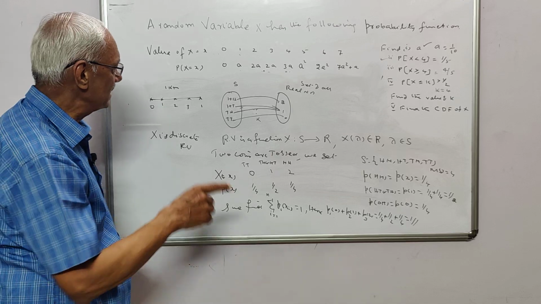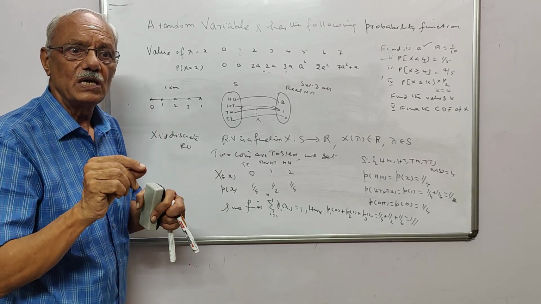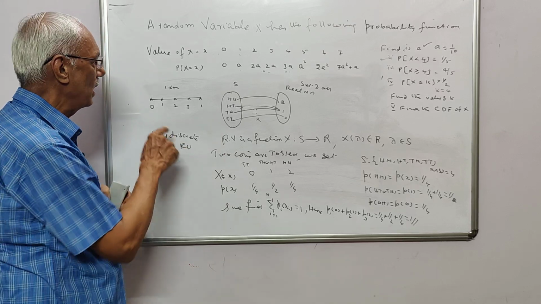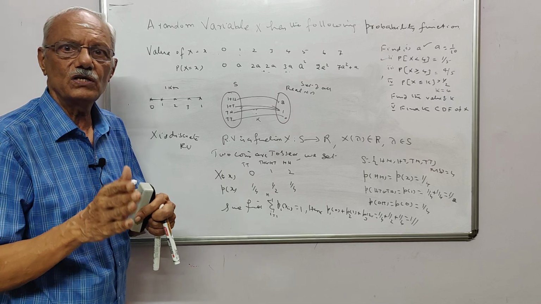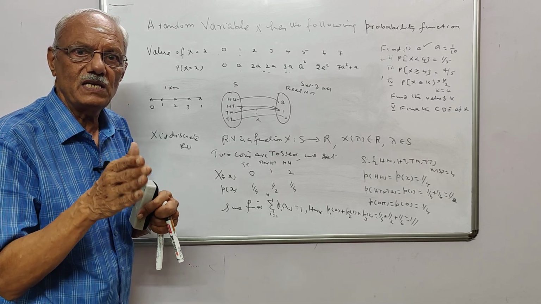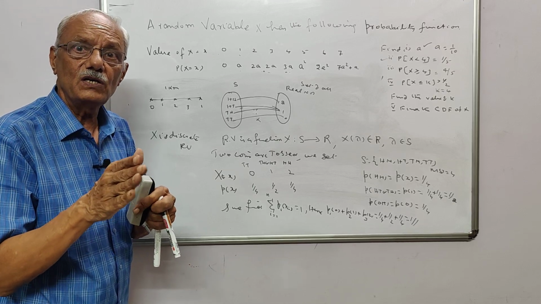Whereas in this case, if you completely go through and see everything on your way and go up and up, it is a continuous one. That means your random variable takes infinite continuous values.